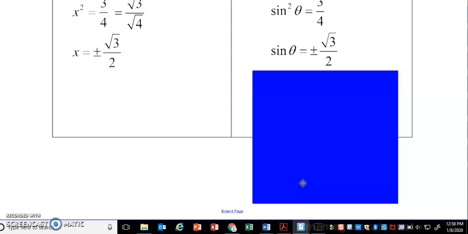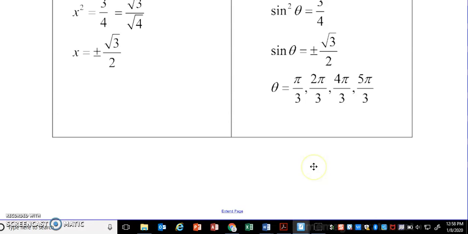So what angles are going to give us that ratio? Because it's plus or minus, we know we're going to have an entire family. So there we are. Pi over 3, 2 pi over 3, 4 pi over 3, and 5 pi over 3.